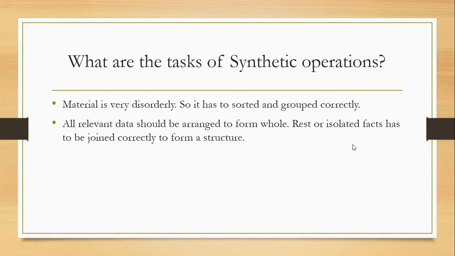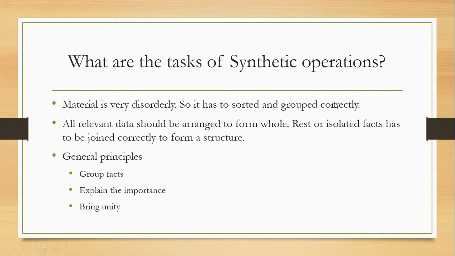Could be about Aurangzeb's daughter or Aurangzeb's campaign with Bahmani sultans, which may not be fitting your research, but they are still facts about Aurangzeb. So you can make a decision whether you want to join them to form a structure for your thesis, whether you want to use them or not use them. All these things you can think and apply during your synthetic operations.